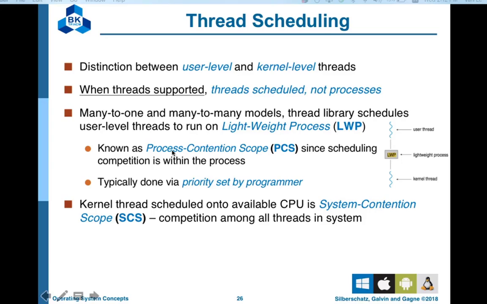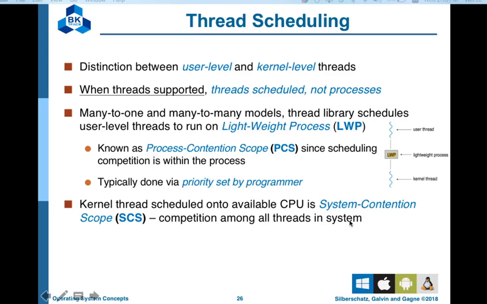Here you see something about the process contention scope and the system contention scope, which refer to the time of execution. In the process contention scope, the competition for the CPU takes place among threads belonging to the same process.